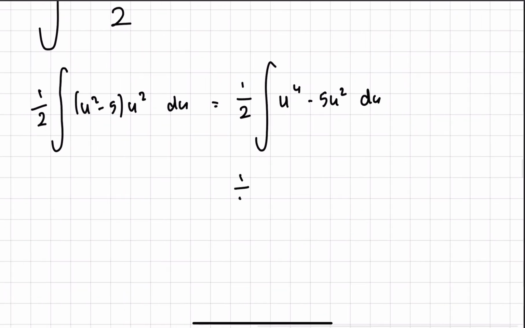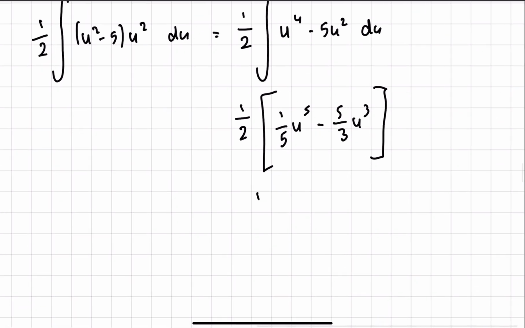Great, let's get the half on the outside. We're going to get 1/5 u to the 5 minus 5 over 3 u cubed. Lovely, let's times it by a half. So 1/10 u to the 5 minus 5 over 6 u to the 3. Don't forget the plus c.